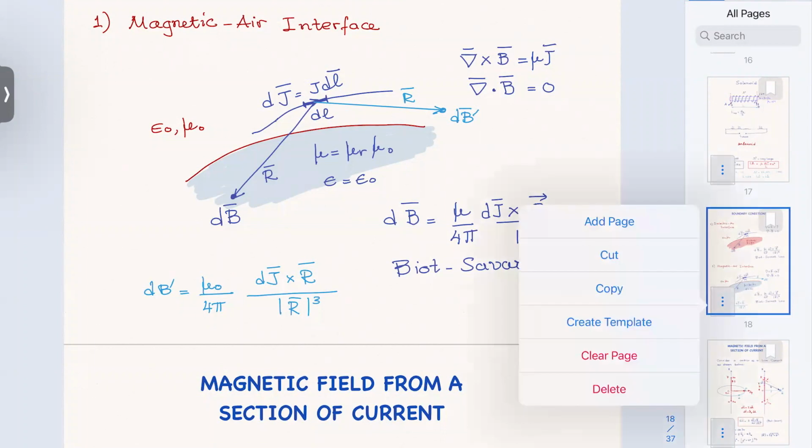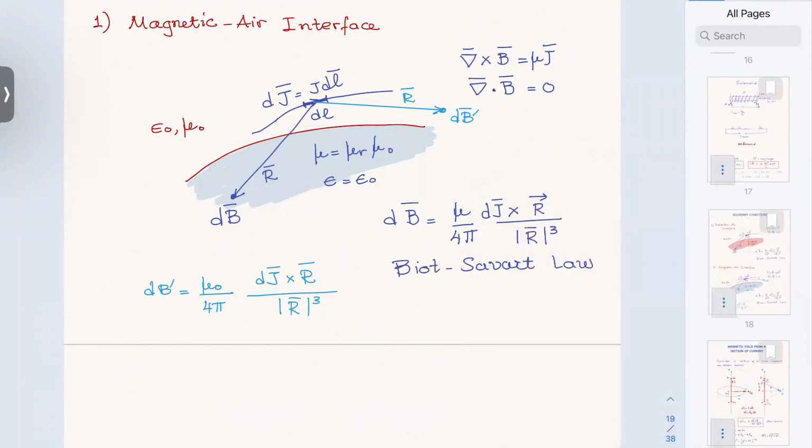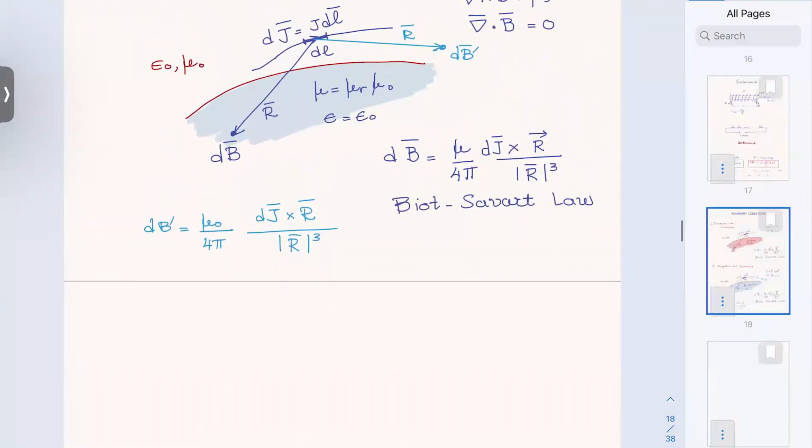Therefore, in the air magnetic interface, we have important boundary conditions which we do not see for the magnetostatic field in an air dielectric interface. In the air, as we said, the dielectric for a magnetostatic field is like not present.